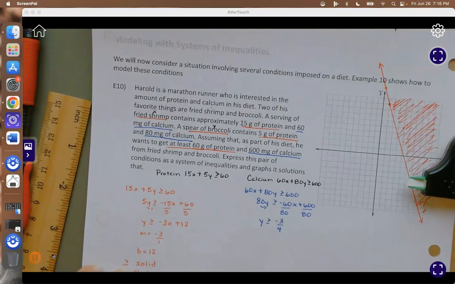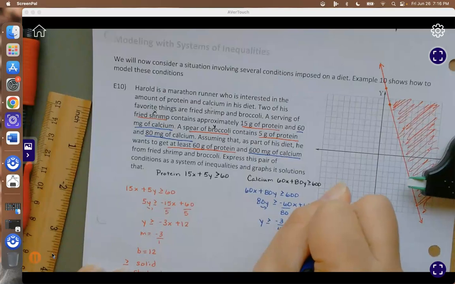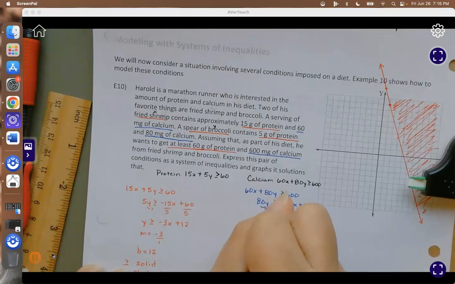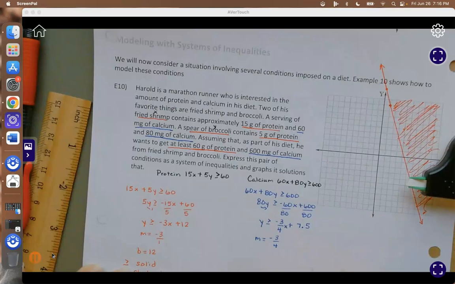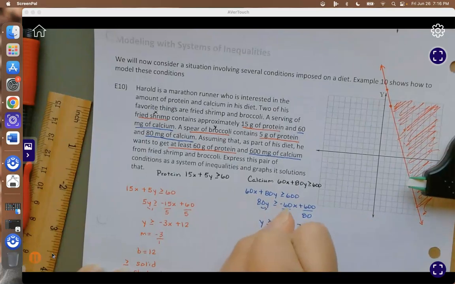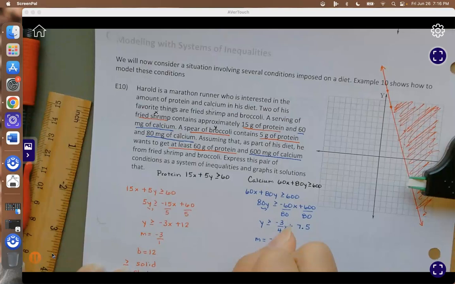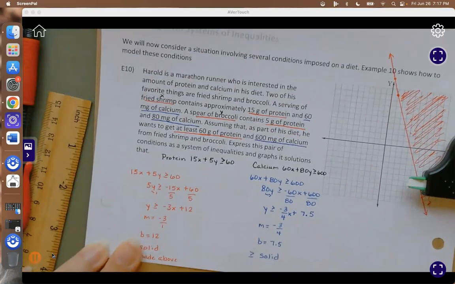You couldn't see any of that, could you? And you can make this a decimal or whatever you need it to be. So m is negative 3/4. I normally don't like to put fractions and decimals in the same equation, but I'll forgive it this time. And this is greater than or equal to, so it's solid and shade above.